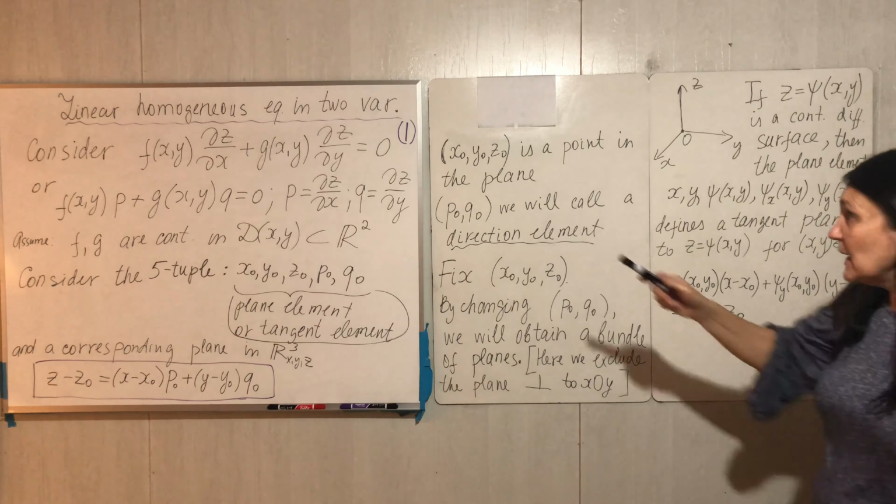If we assume that z is a function of x and y, and it is continuous, it will give us a continuously differentiable surface in the space. And then the plane element, if we take x, y, psi, psi x, and psi y, defines a tangent plane to our surface for any point x, y in D.